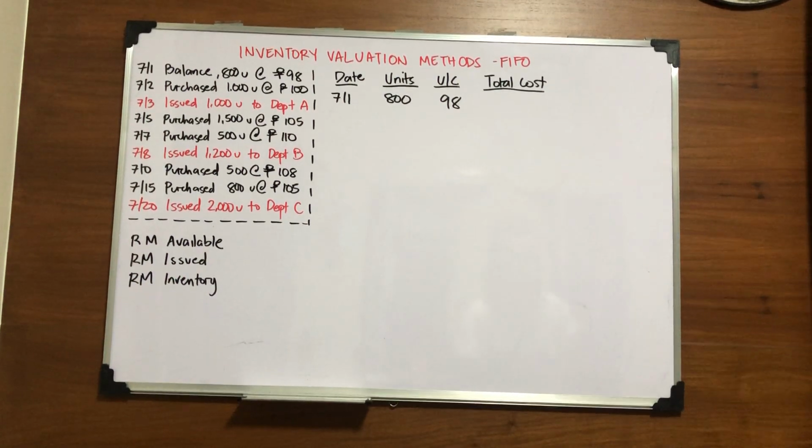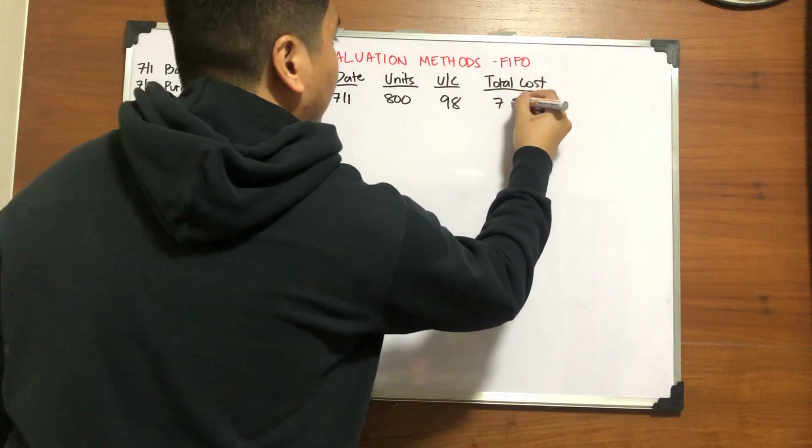Okay, so let's solve. For your July 1, you have an opening balance of 800 units at 98 pesos. So what we have to do here is multiply the 800 units opening balance times the unit cost of 98, and you will get 78,400.